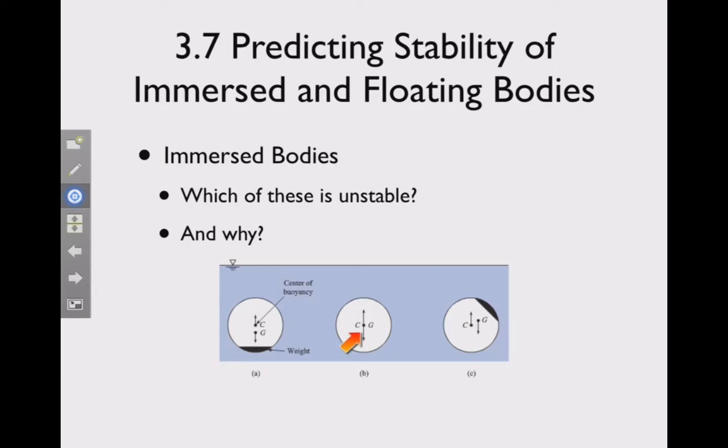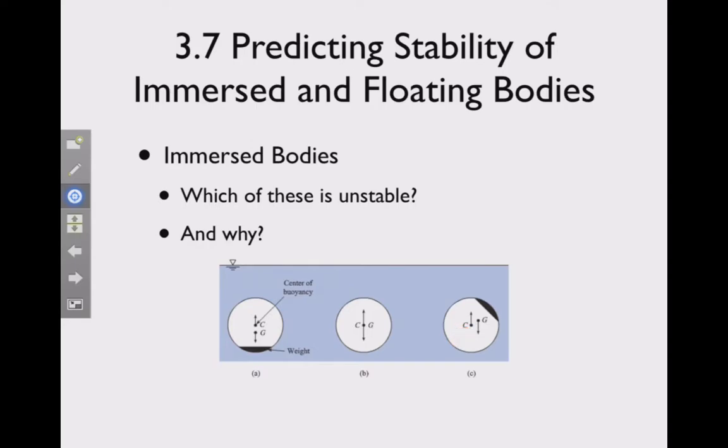The center of buoyancy is at the center of gravity, and remember, the center of buoyancy is the centroid of the displaced fluid. And in this case, the center of gravity is up and to the right of the center of buoyancy.